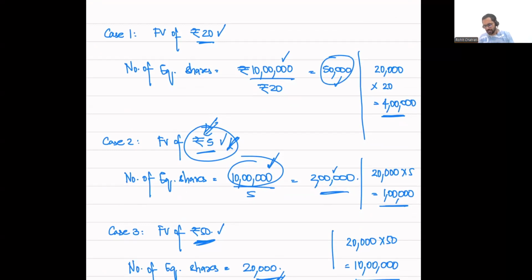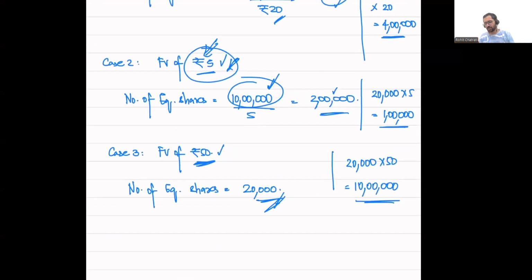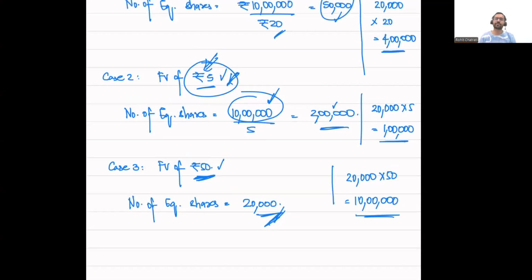All right, basically based on the fair value of the equity share, you're using the equity share as a currency. If the value of the equity share is less, you issue more number of equity shares. If the value is high, you issue less number of equity shares. So you're using your equity shares as a currency to settle the obligation, and therefore any obligation to deliver a currency will be regarded as a financial liability. That is an alternative way of looking at it.